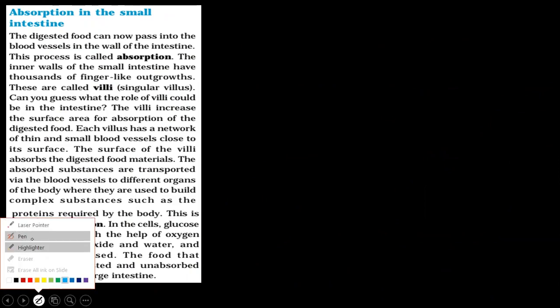Moving on to absorption. Now this is as important as the previous slide. In the previous slide, we saw how the food is digested. But here, how is it absorbed? So ingestion we completed, then digestion we completed. Now we are moving on to absorption and assimilation. First, absorption. In the circulation chapter, we saw the functions of blood.